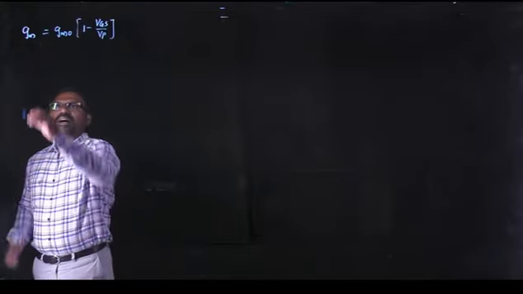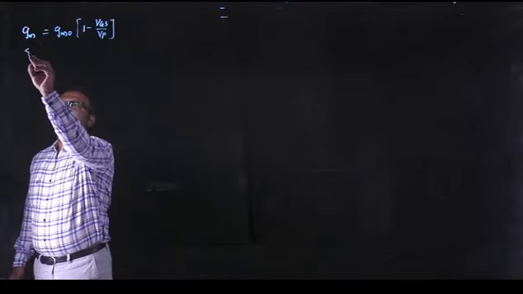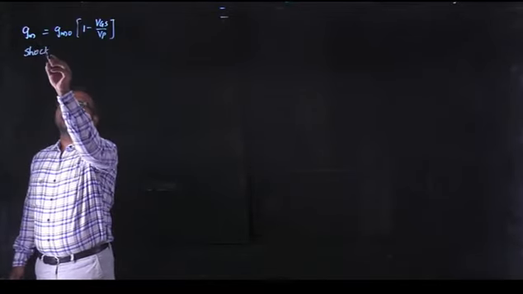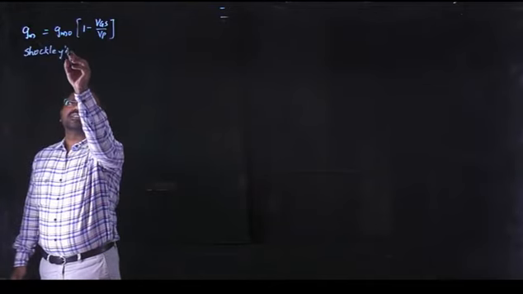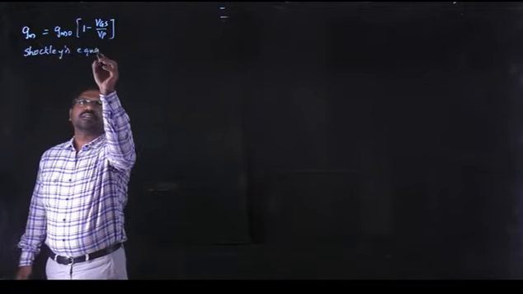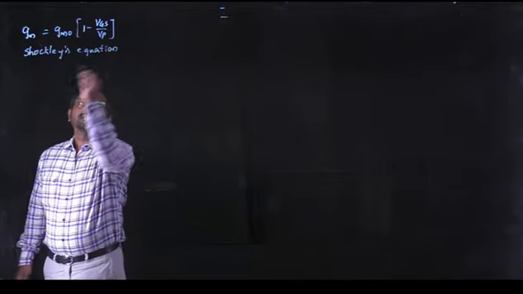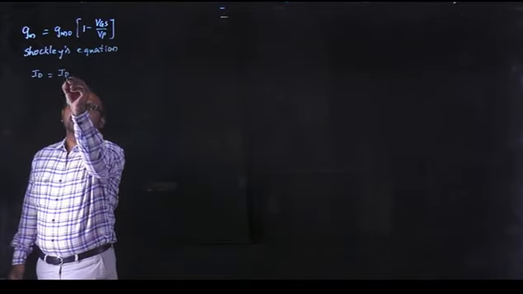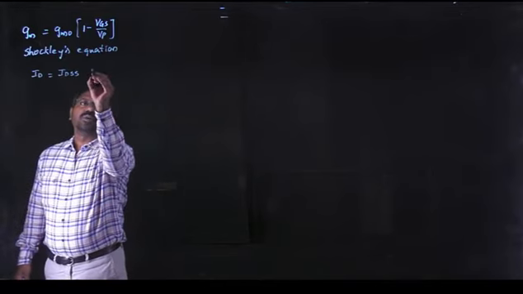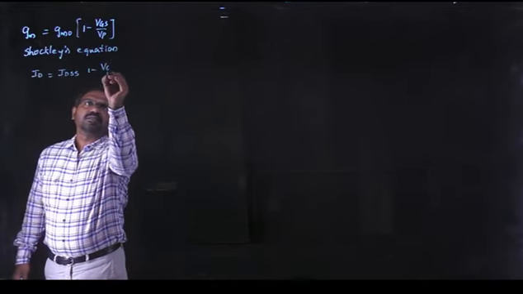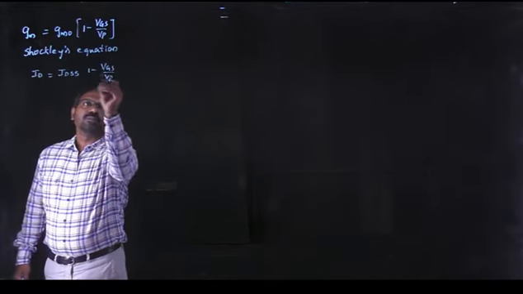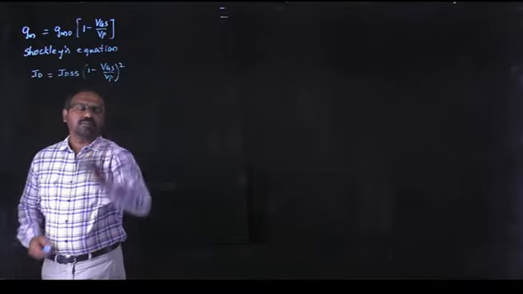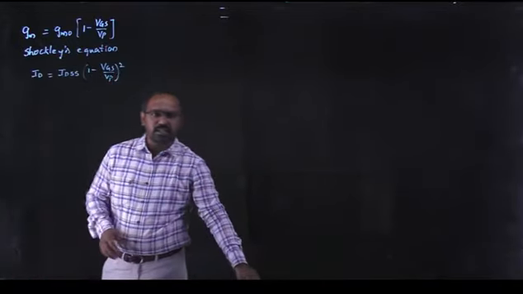But we know Shockley's equation. Once again I am writing Shockley's current equation: ID is equal to IDSS into (1 minus VGS by Vp) whole square. This is Shockley's current equation.